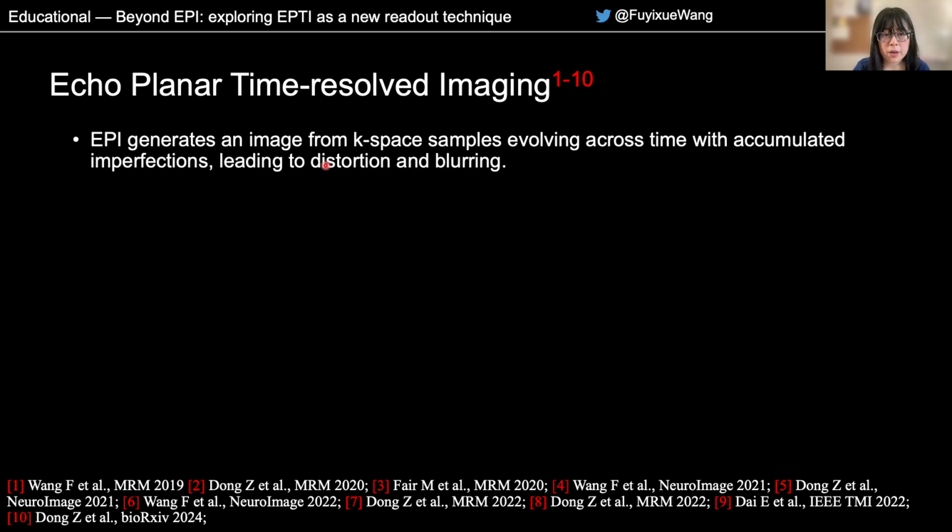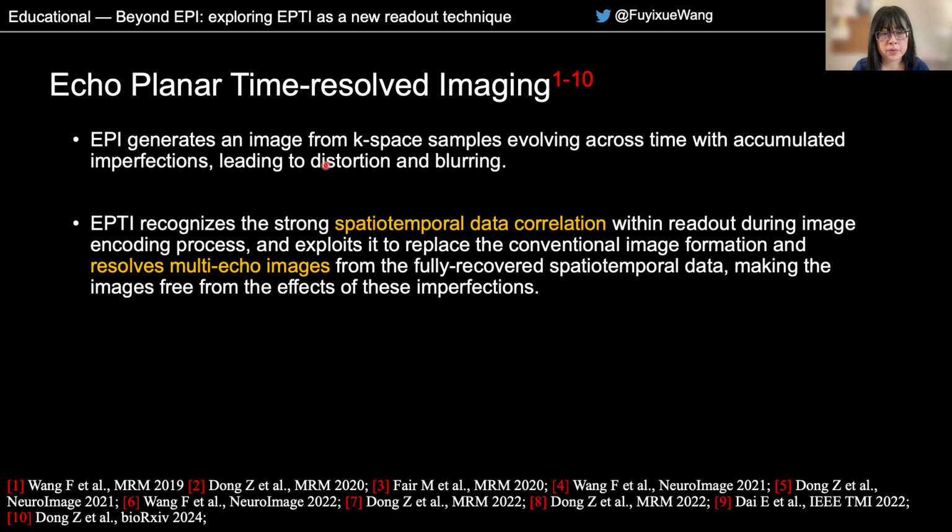To summarize, EPI generates an image from K-space samples evolving across time with accumulated imperfections, leading to distortion and blurring. Parallel imaging or multi-shot EPI can address the problem by reducing the readout length or effective echo spacing, but they cannot fully address the problems. EPTI recognizes the strong spatial temporal correlation within readouts during the image encoding process and exploits this correlation to replace the conventional image formation and resolve multi-echo images from the fully recovered spatial temporal data, making the images free from the effects of these imperfections.